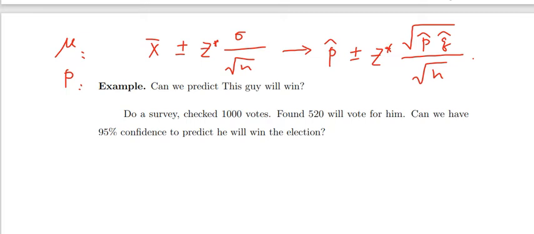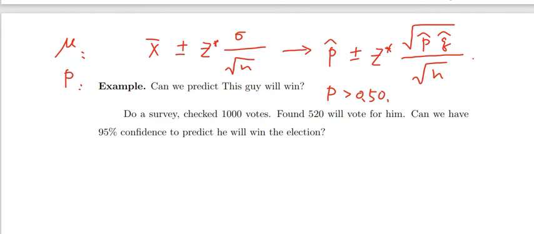Winning means the true proportion will be larger than half, 50%. In a real situation the true percentage cannot be larger than 50, because many people will not vote, and we have several candidates.